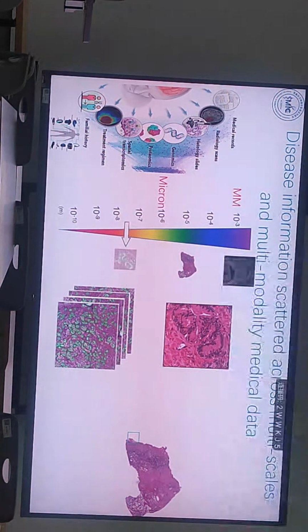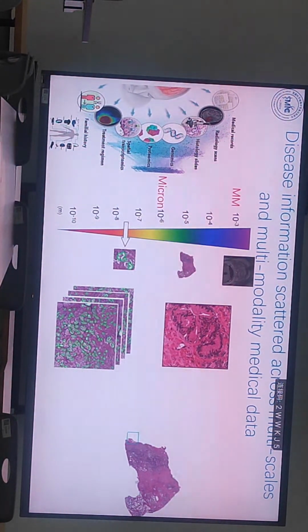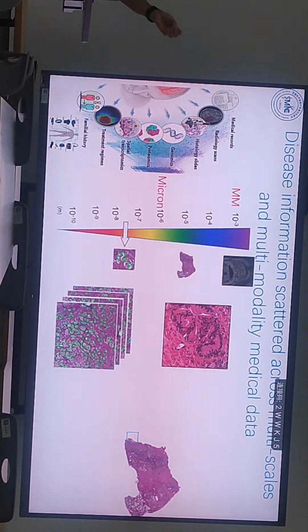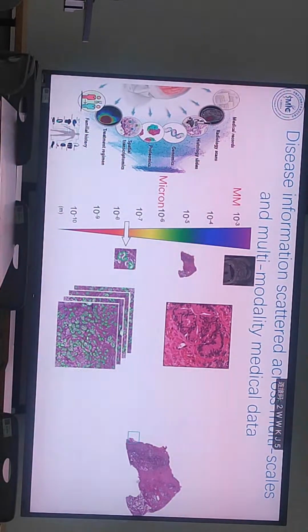We can identify them using machine learning, as Professor Mansell said, a machine learning-based model to identify the cells and analyze the shape of the different cells.